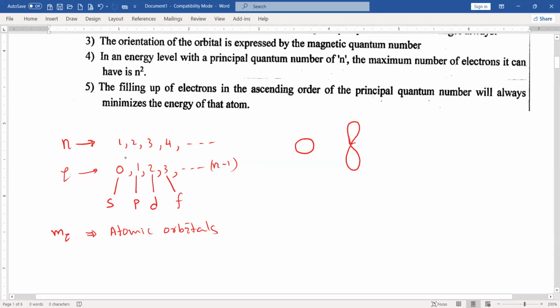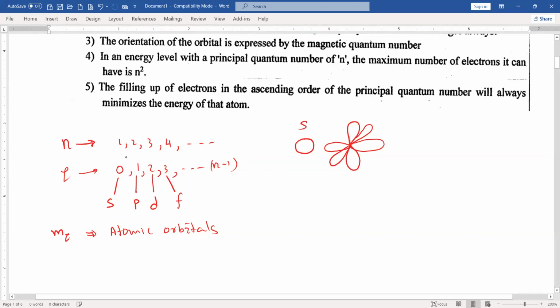Then for P sub-energy level, we have 3 identical atomic orbitals. Identical means their energy same, size same, shape same.